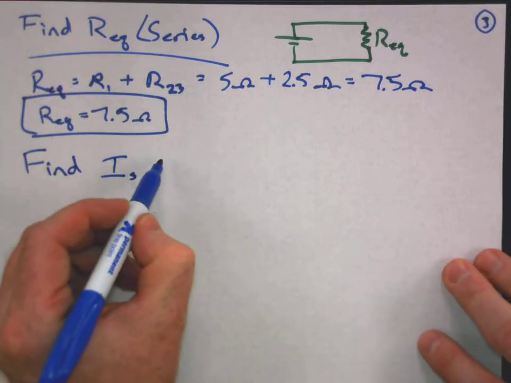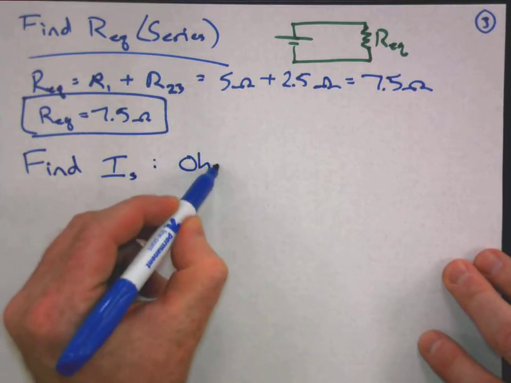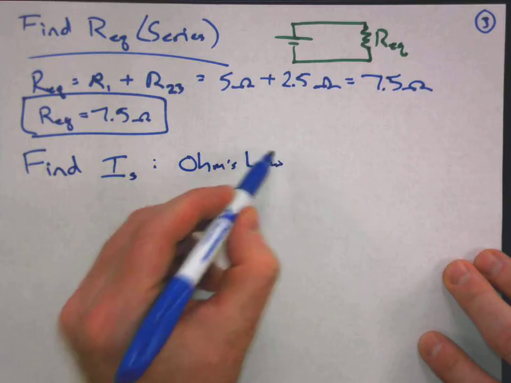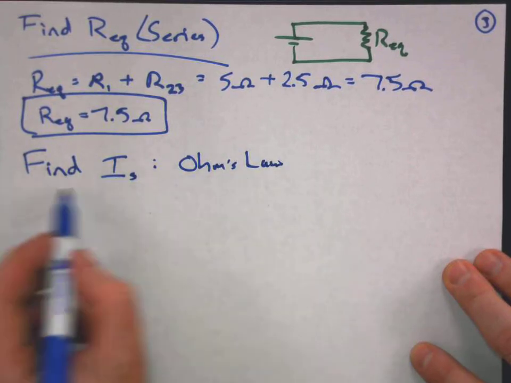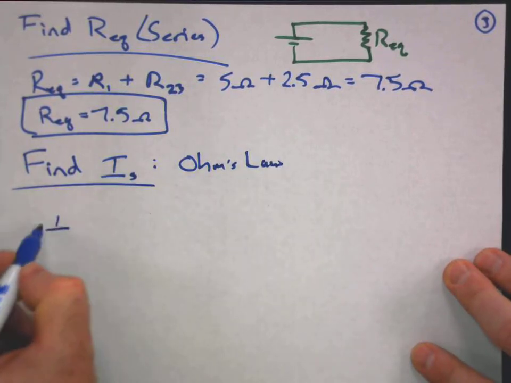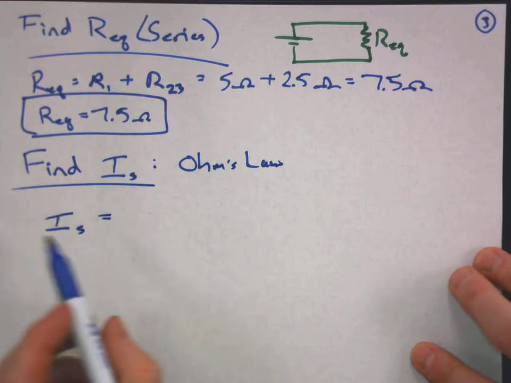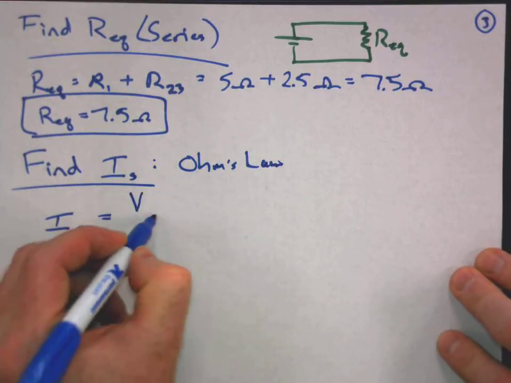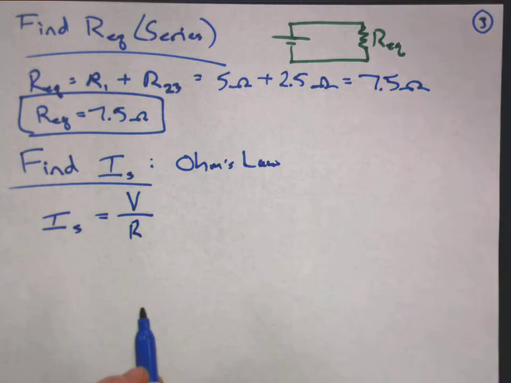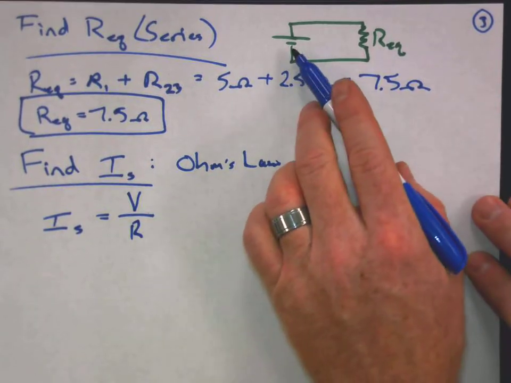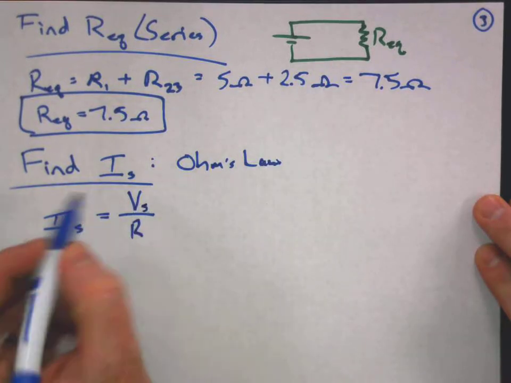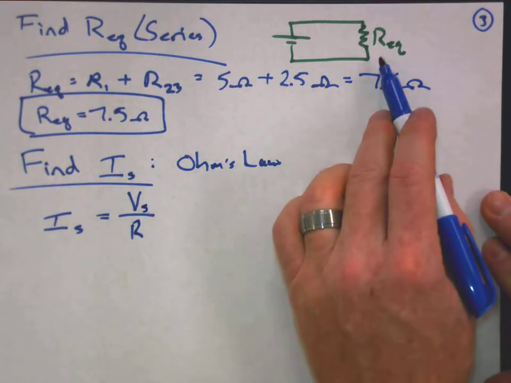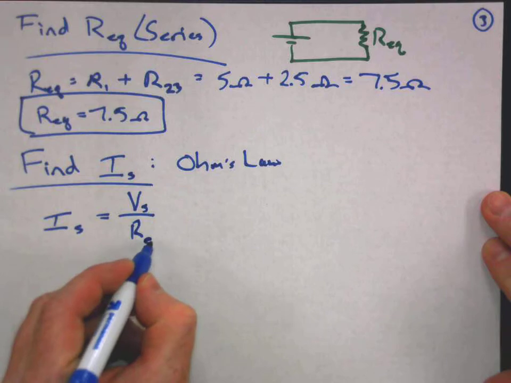Well, that's easy. I'm going to use Ohm's law. So this is a current through the source. Ohm's law says that current is equal to voltage divided by resistance. What voltage do I use? Well, the voltage I use is very straightforward. It's going to be the voltage of the source. And the resistance I use is going to be the equivalent resistance.